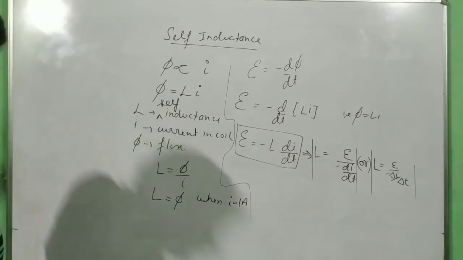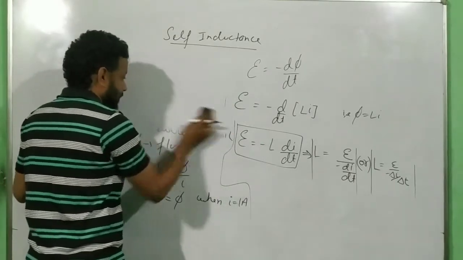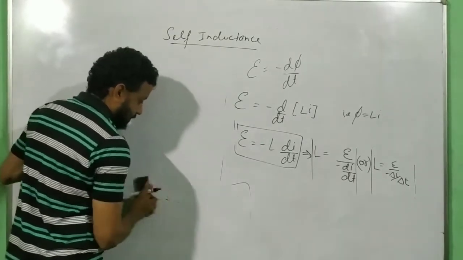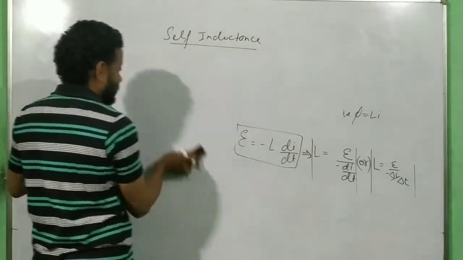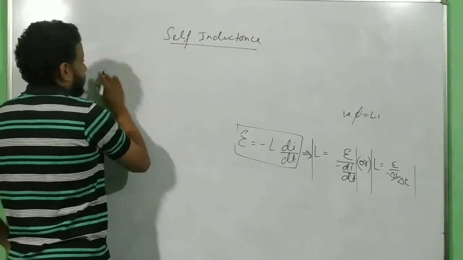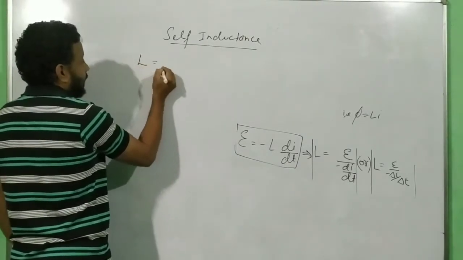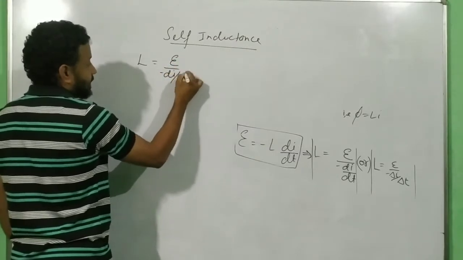Now something that we should know, and that is the SI unit. L is equal to EMF divided by minus di by dt.